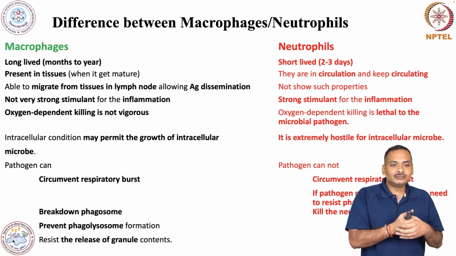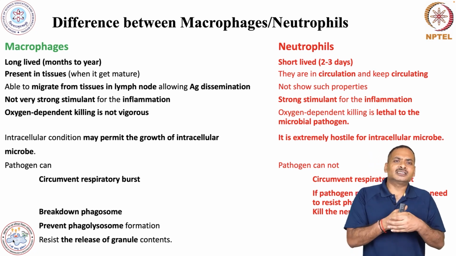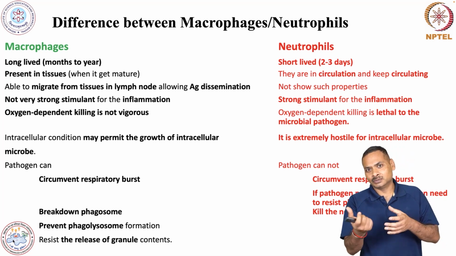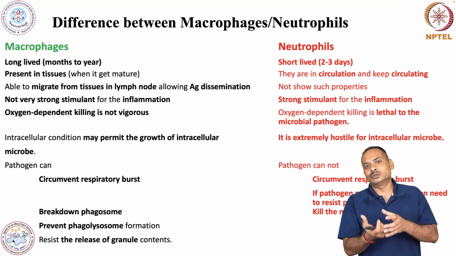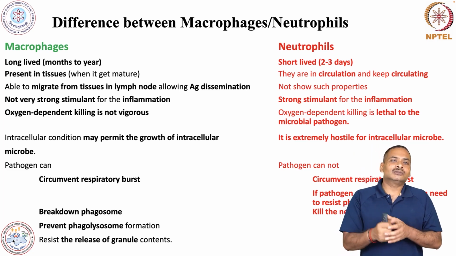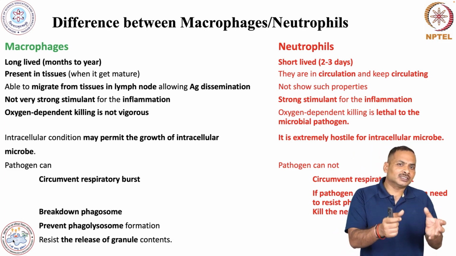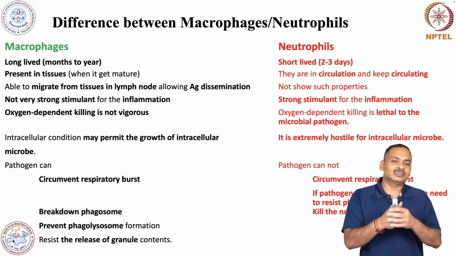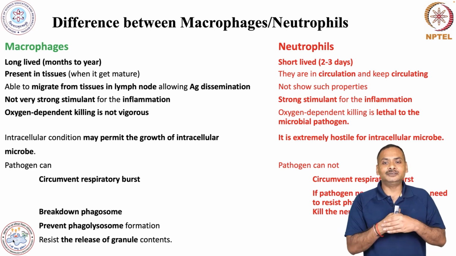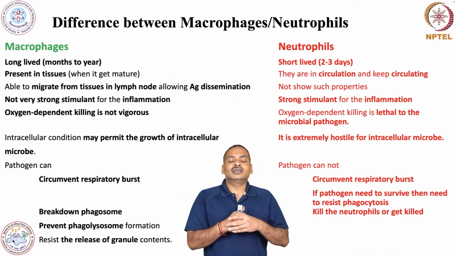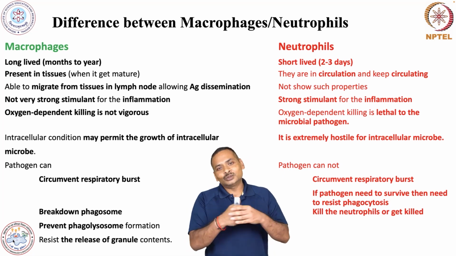They can resist the release of granule contents, because you know that lysosomes are loaded with a variety of enzymes. So all these microbes residing inside the macrophages can resist the release of content. But on the other hand, neutrophils are extremely dangerous to the microbe.